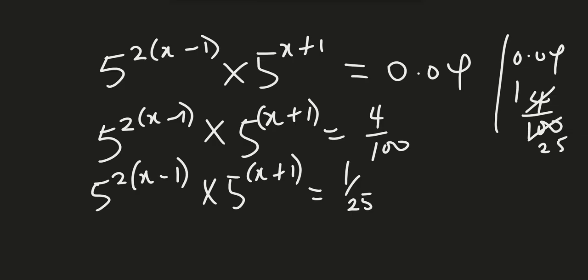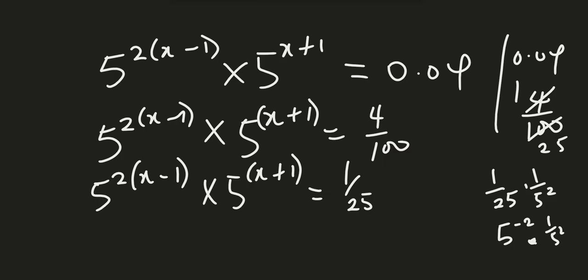Now returning back to indices, 1 over 25 can also be 1 over 5 squared. And since this is an inverse, we can also write it as 5 raised to the power minus 2. 5 raised to the power minus 2 can also be 1 over 5 raised to the power 2.